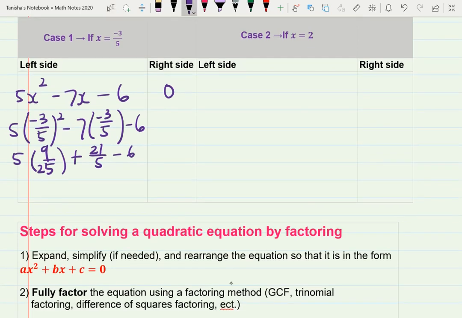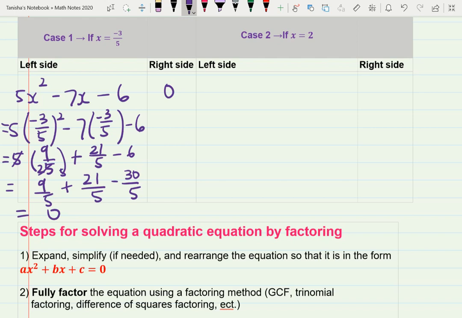Well, 5/25 is going to leave us with 1/5, so that's going to be 9/5 plus 21/5, and then changing the -6 to a fraction with a denominator of 5, that's going to give us -30/5. So 9/5 plus 21/5 minus 30/5 is equal to 0. So left side equals right side. So x equals -3/5 as a solution works.